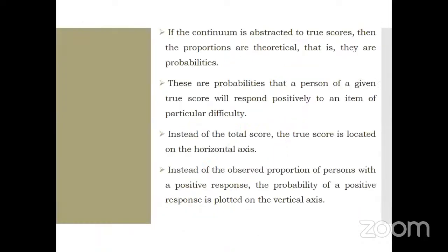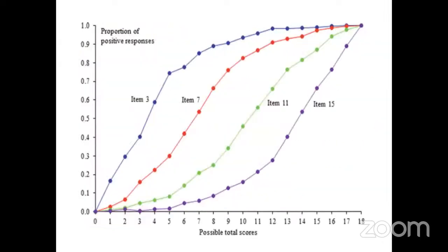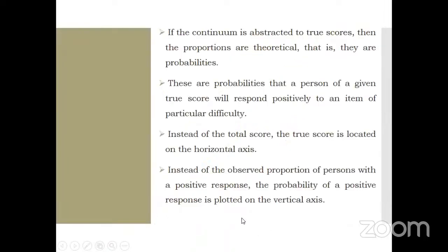Now, if this continuum is abstracted to true scores, here we are considering only the total scores. Assume that we are considering these to be the true scores. Then the proportions are theoretical, that is, they become probabilities: the probability that a person of a given true score will respond positively to an item of particular difficulty.